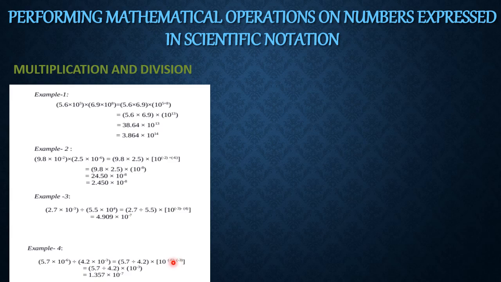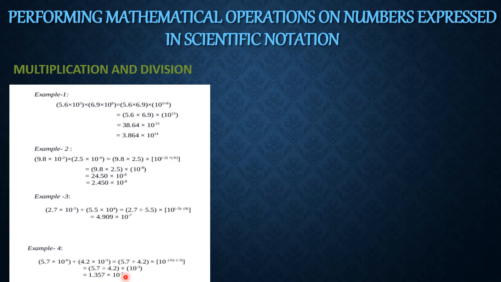It is because minus is here, so minus of minus 3 becomes plus 3. So the answer is 10 to the power minus 3. The answer is already in scientific notation, 1.357 into 10 to the power minus 7.